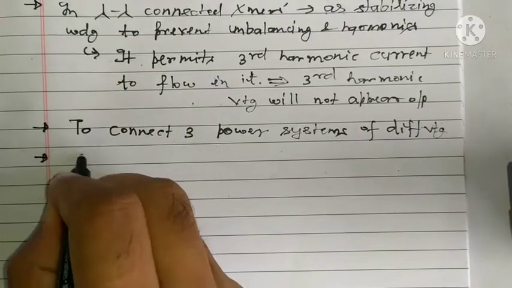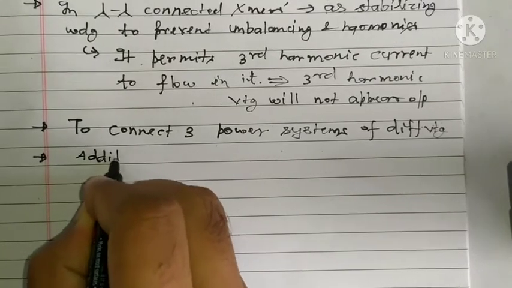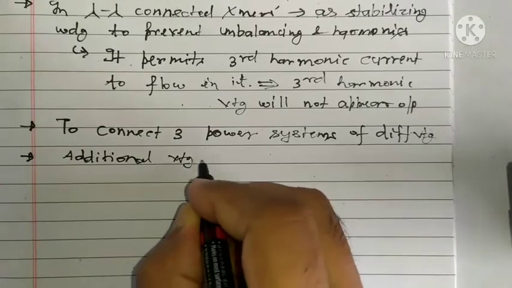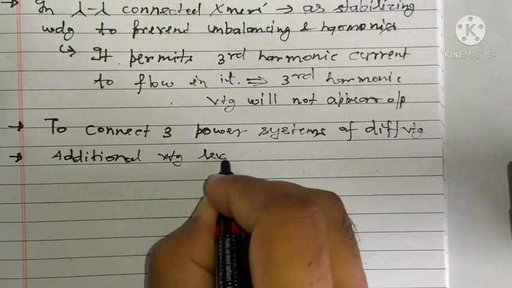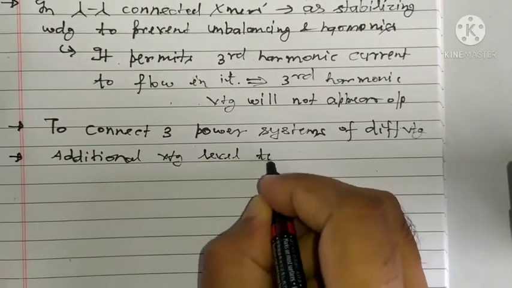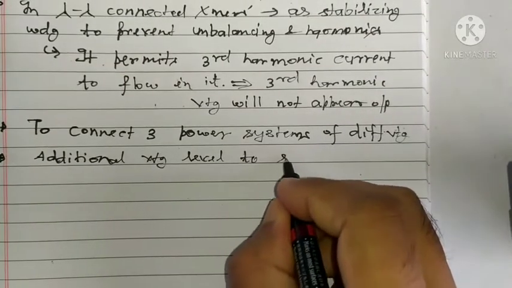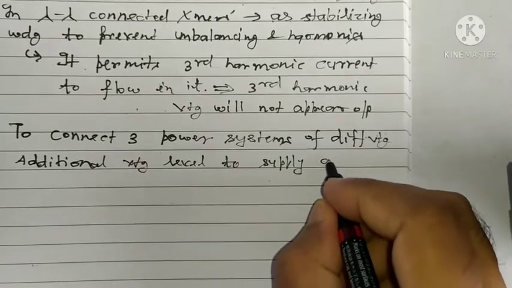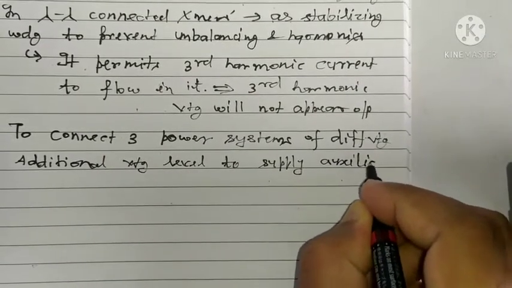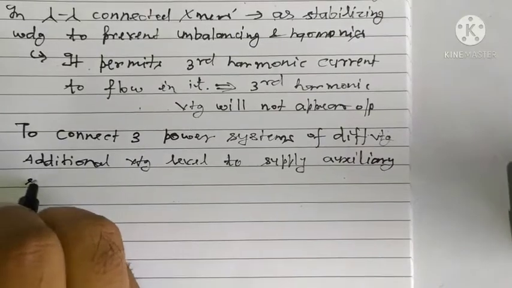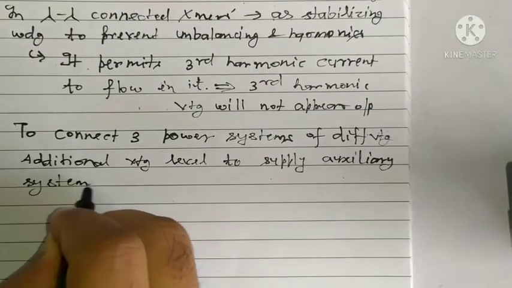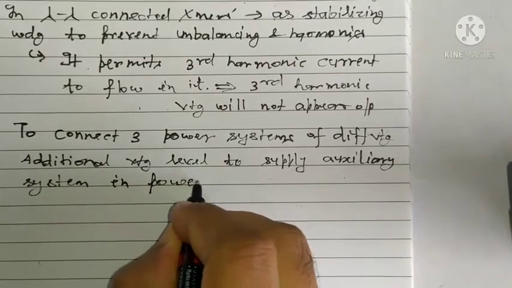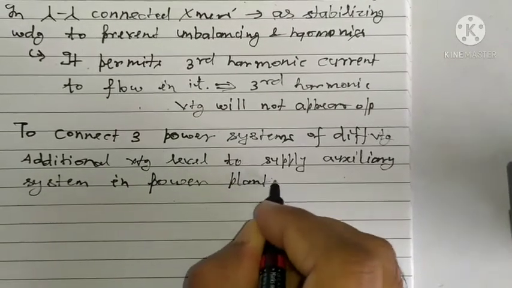So additional voltage level is available, so additional voltage level to supply auxiliary system in power plant, right?